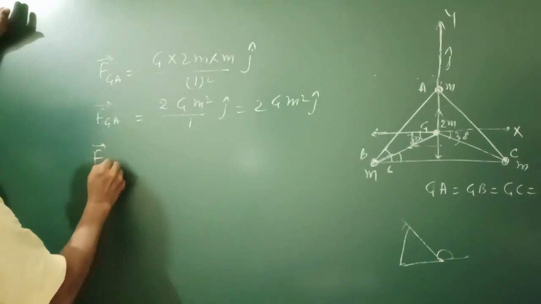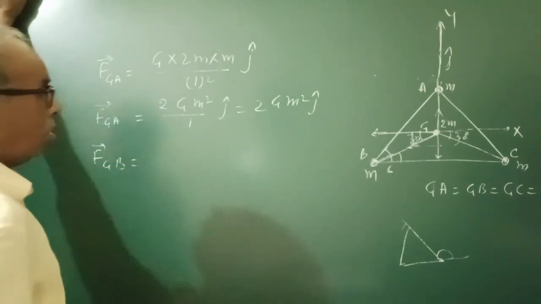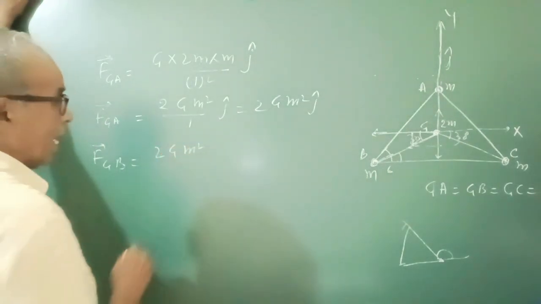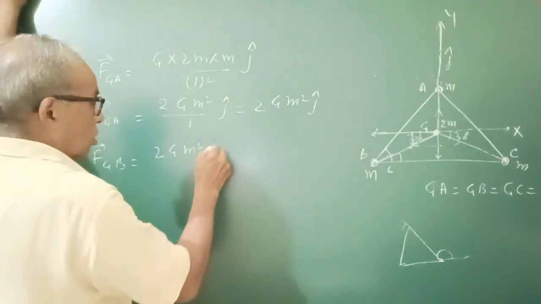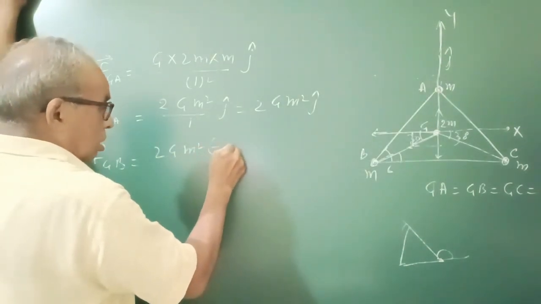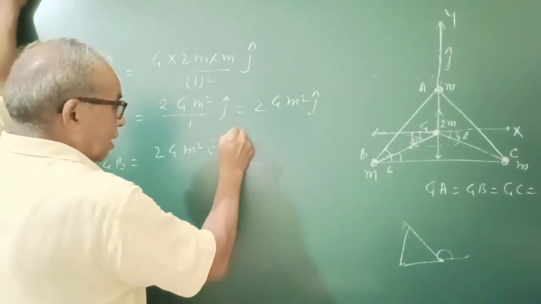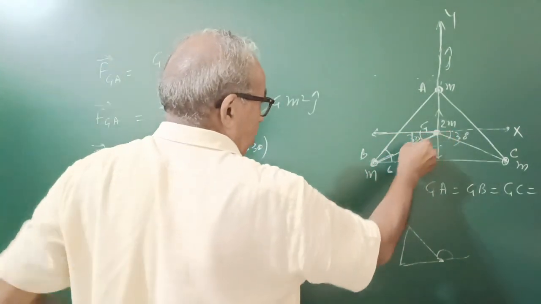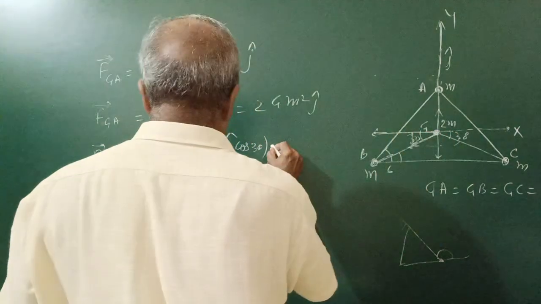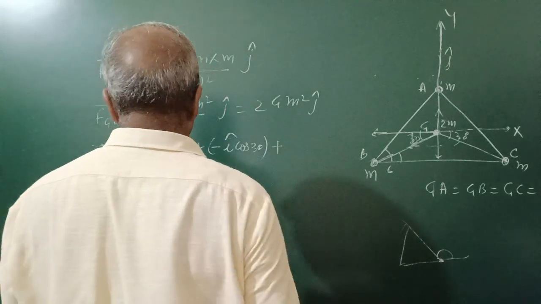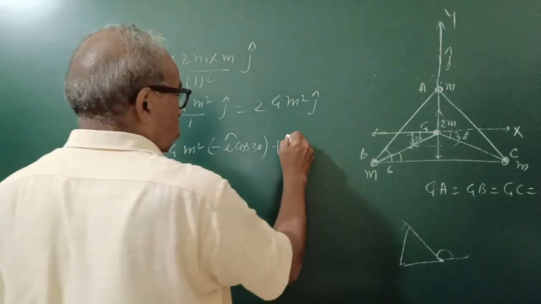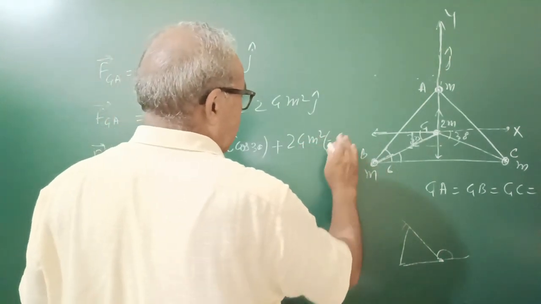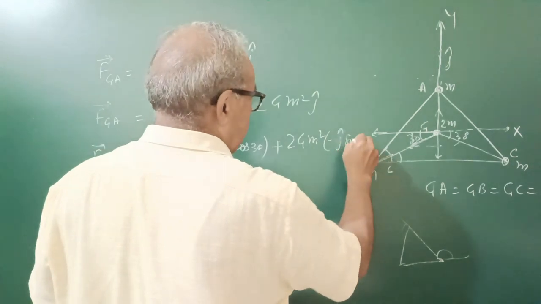So we can write FGB equal to 2GM square upon 1 into minus i cap cos 30 degrees, the i cap component of this along this, plus 2GM square into minus j cap sin 30.